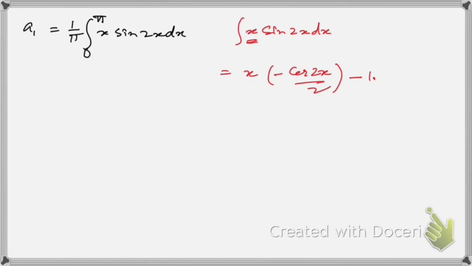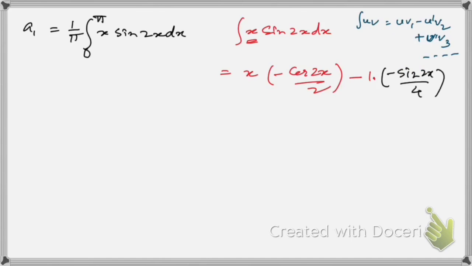So here again I am applying this rule: u v1 minus u dash v2, then plus u double dash v3, and so on, right? So here you're going to have again minus sine twice x by 4. That's what you will get, and in the next term you're going to have 0, right? That's what we have got.